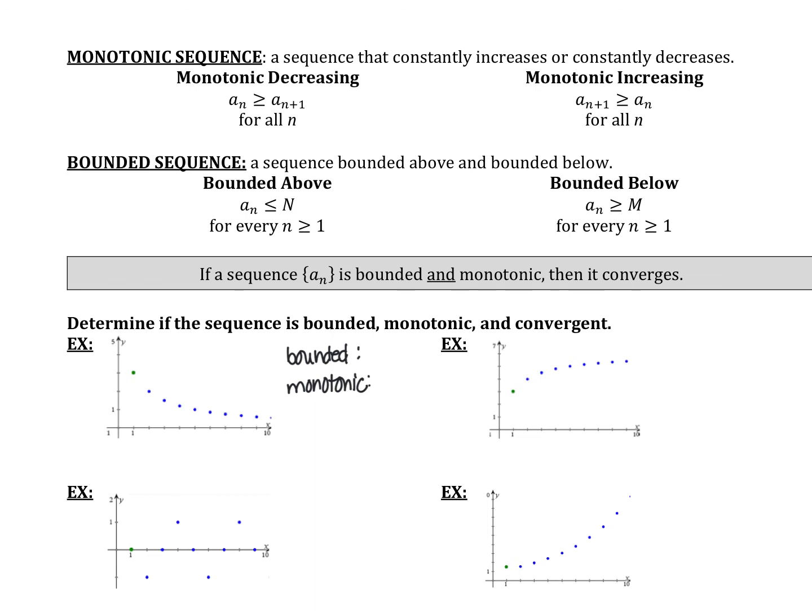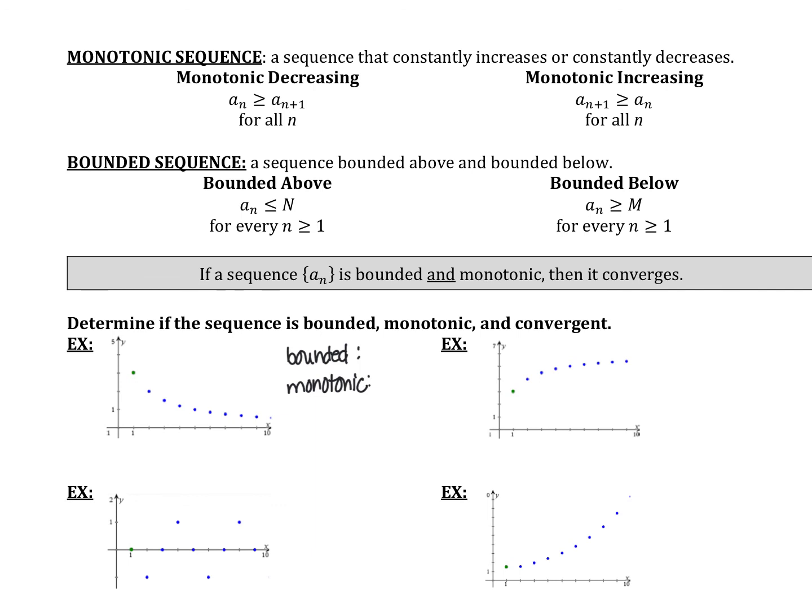So the green dot in each of these represents a starting point. Nothing can go above or below the green dot unless the dots are continuing to be above or below. So for example, in this first one, it's green on my screen. Obviously your hand printed worksheet is not going to be green. But if we look at this example, this dot is the highest dot we've got, and everything goes below this. So we would call this bounded.